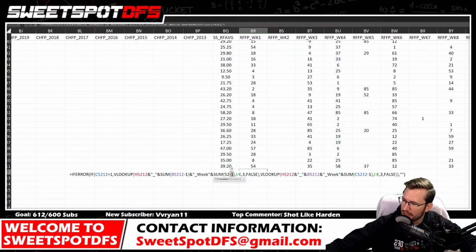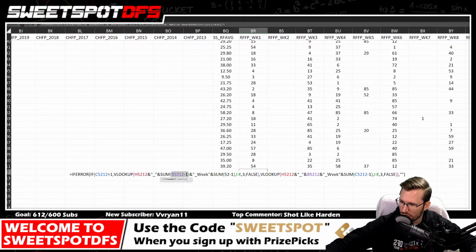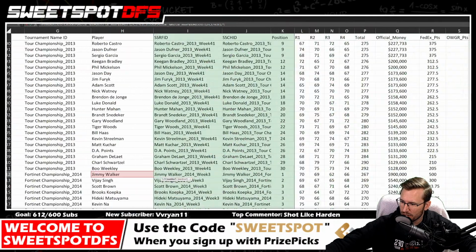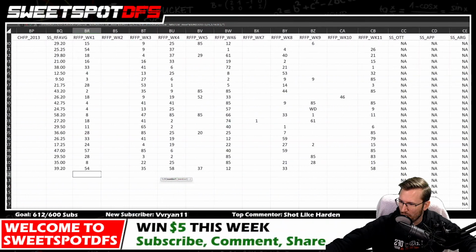Basically what I'm doing is, if that week column equals 1, let's do a VLOOKUP and find an identifier. We also got to look at the year. If I scroll all the way over here, you're going to see I'm looking at the year and the week. Column B is the season, and the column for week is C, and I have that all written in here.